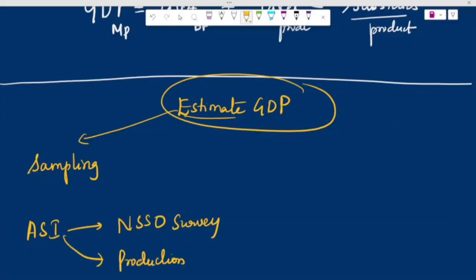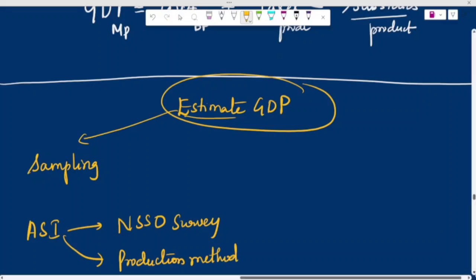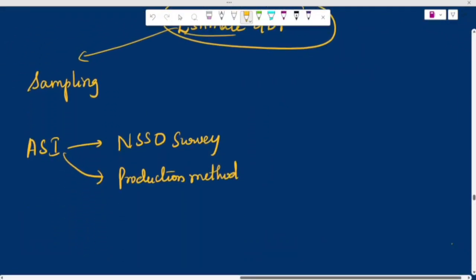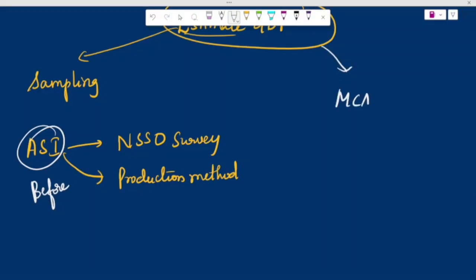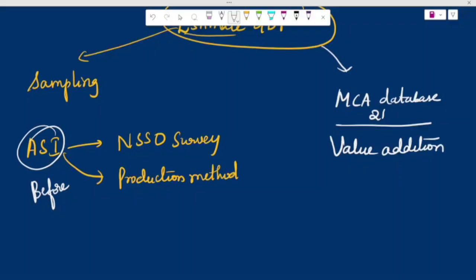So total output, how much the factories or firms are producing in the country, they used to get that data. But ASI, the Annual Survey of India, was before 2015. In 2015 we introduced something called the MCA-21 database, and here we are using the value added method, which we have seen.